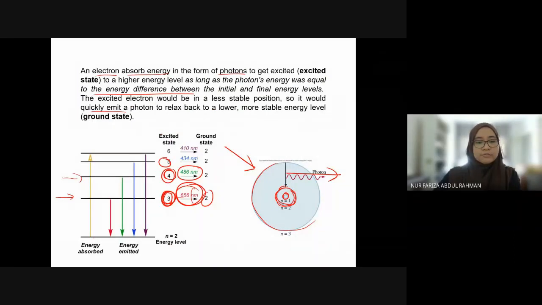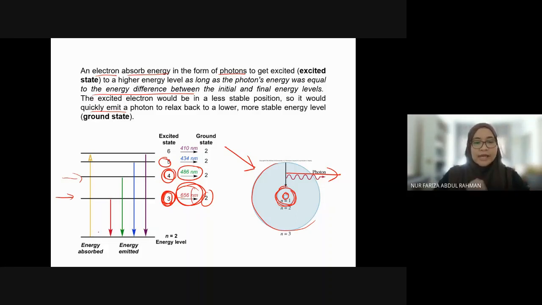So in order to be excited and later on return back to its ground state, it needs a specific amount of energy. So that is what we call quantized. If the amount of energy is not enough, that means it will not be excited to the higher energy level.